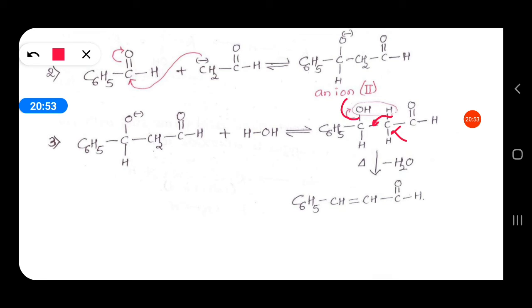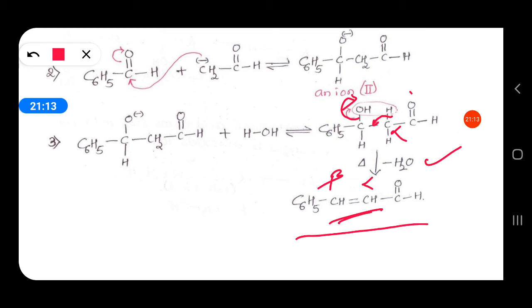This OH bond electrons are given to oxygen, so OH minus and H plus are removed as H2O, and new carbon-carbon double bond is formed between alpha and beta carbon. So it produces alpha beta unsaturated aldehydes.